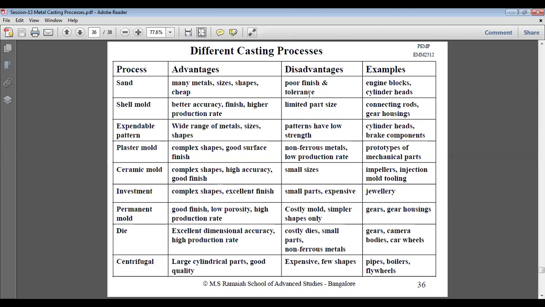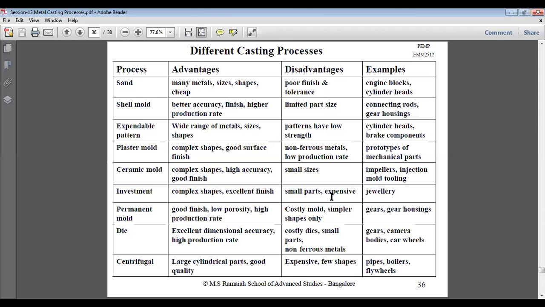Disadvantages are sand casting, poor surface finish and tolerance. We just discussed, and examples are engine blocks, cylinder heads, limited part size for shell mold casting disadvantage, connecting rods, gear housing. Then we have expandable pattern, low strength, and cylinder heads and brake components, small components. Then we have plaster molds, non-ferrous metal, low production rate, prototype of mechanical parts. Then small sizes, ceramic molds, then impellers.